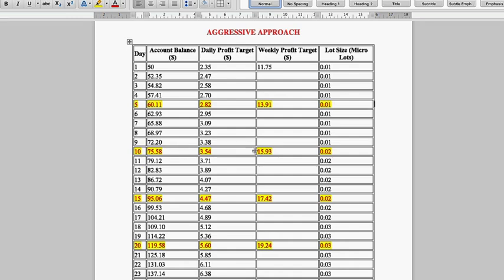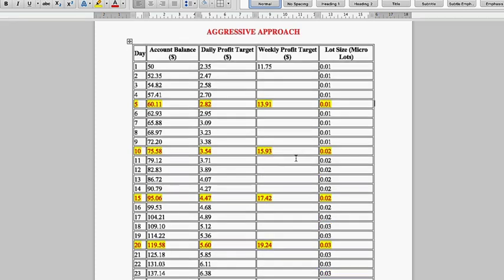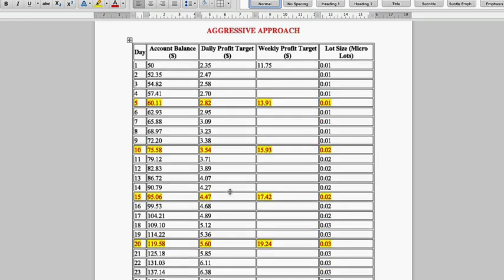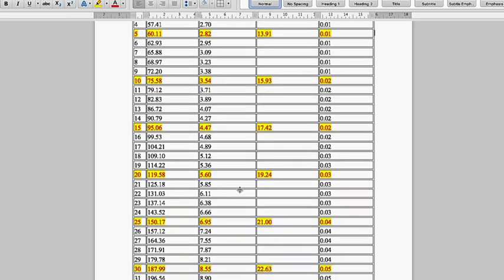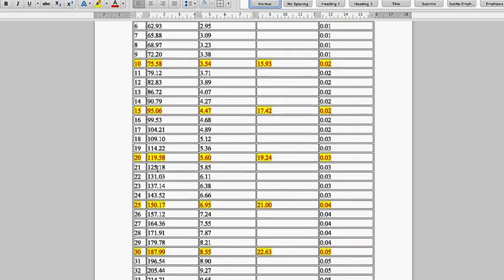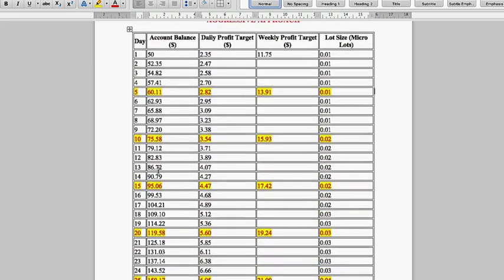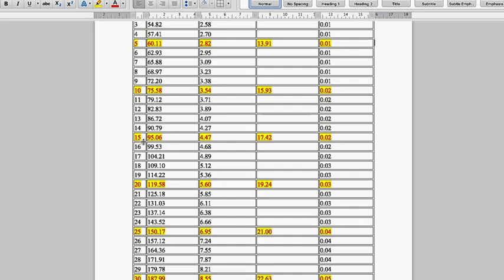With week 3, you'll be making 15.93. That's when you start upping your lot size to 0.02. From there on, you keep working it, until week 5 or 6 thereabout, that's when you start using 0.03.